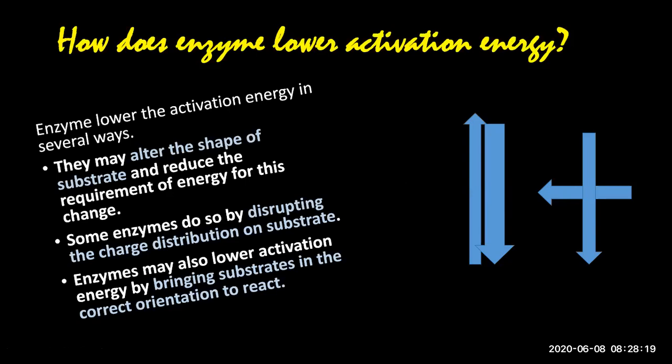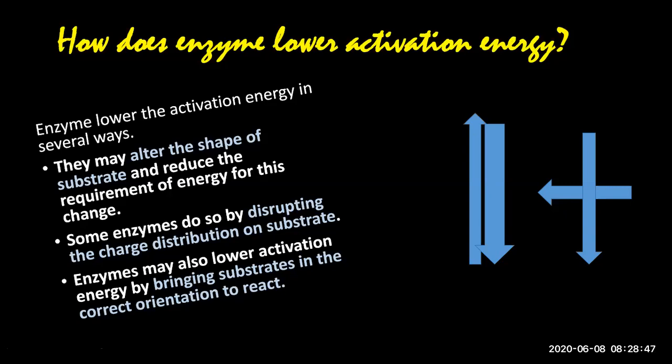So this is what I meant, that enzyme is bringing the substrate in a best orientation, so the substrate will quickly convert into product. As a result, less energy will be consumed. So if I summarize these points, enzymes sometimes change the shape of the substrate, so the substrate quickly converts into product, consuming less activation energy.